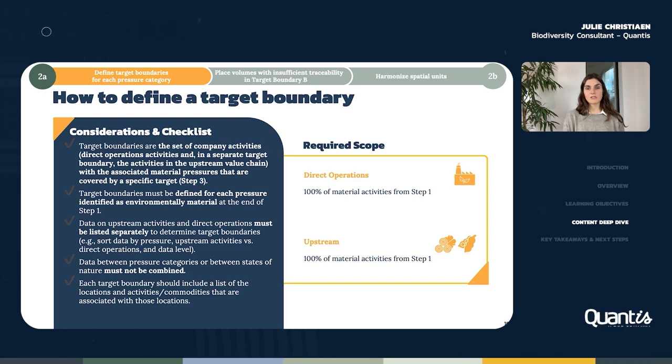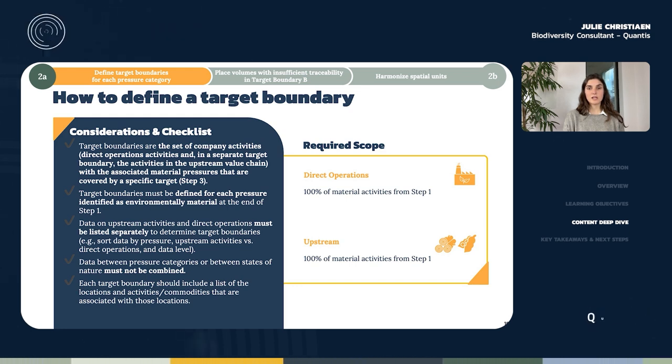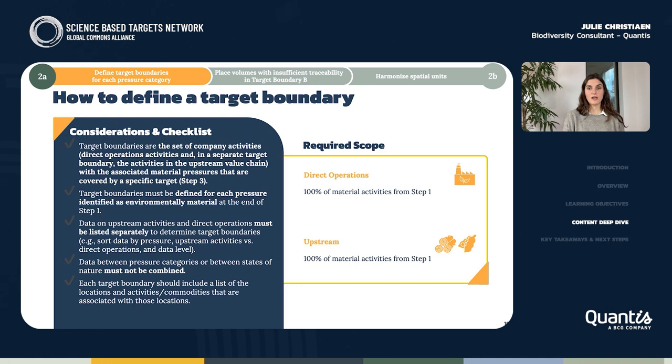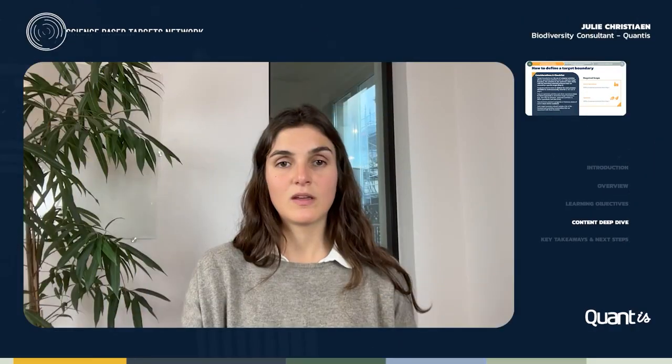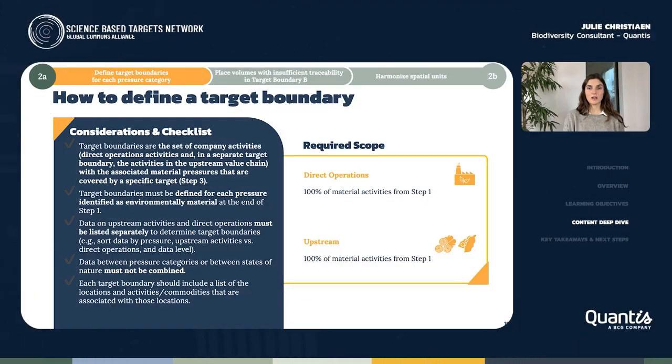The direct operations target boundary for each pressure must include all material activities in the company's direct operations at a spatial scale compatible with their pressure and state of nature. Upstream target boundaries are required for each material pressure for all companies' activities shown to be material in Step 1A.